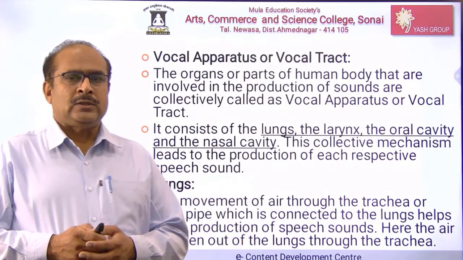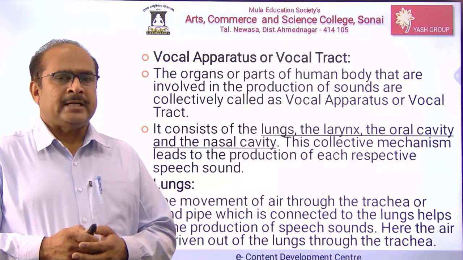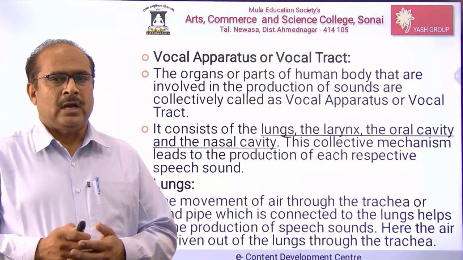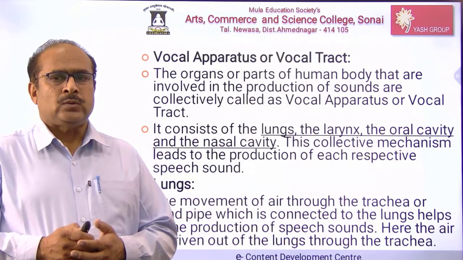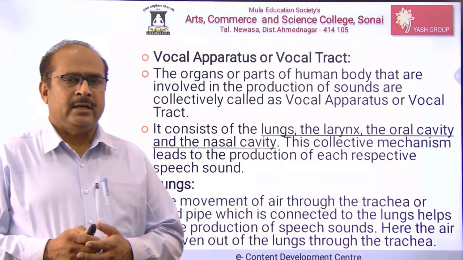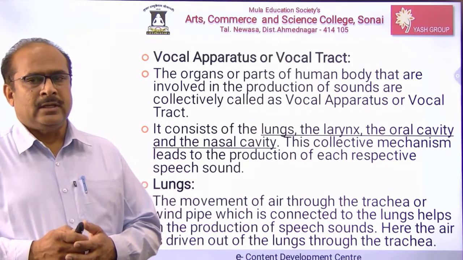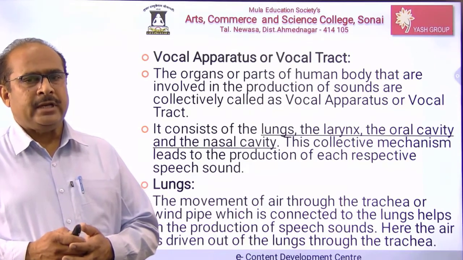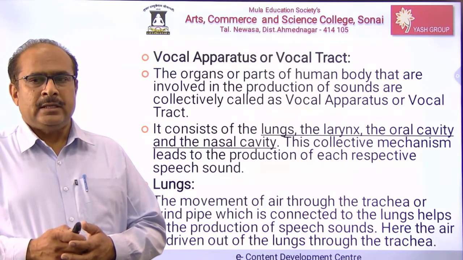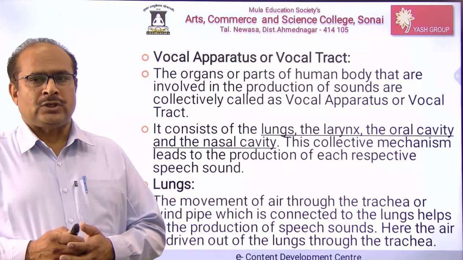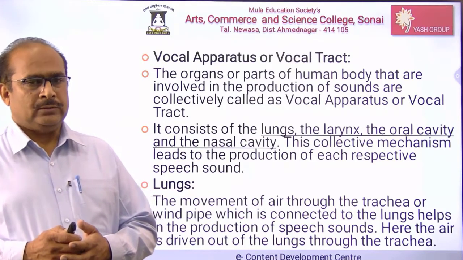The organs or parts of the human body that are involved in the production of sounds are collectively called vocal apparatus or vocal tract. It consists of the lungs, the larynx, the oral cavity and the nasal cavity. This collective mechanism leads to the production of each respective sound.